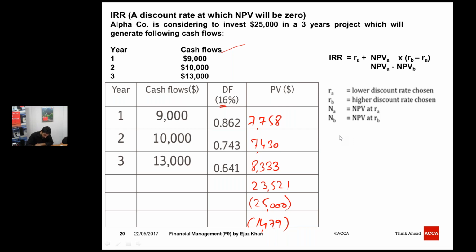Okay, so suppose that the 10% is denoted by A. So at 10%, we have NPV, which is denoted by positive A, is equal to 1204 approximately.